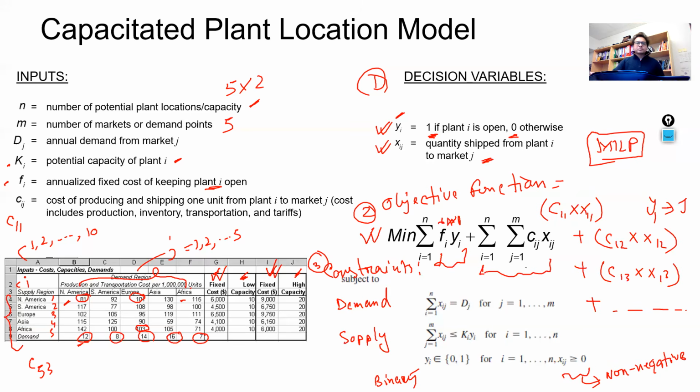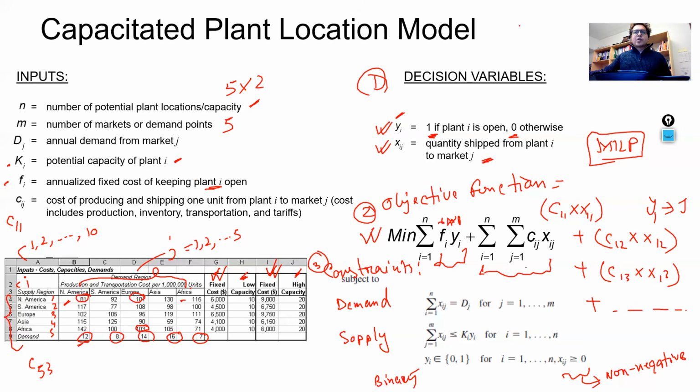Now in simple words, when we are working in supply chain, our supply locations have to meet the demand. That's the simple idea. The demand we have, all the supplies to the demand location have to be met.